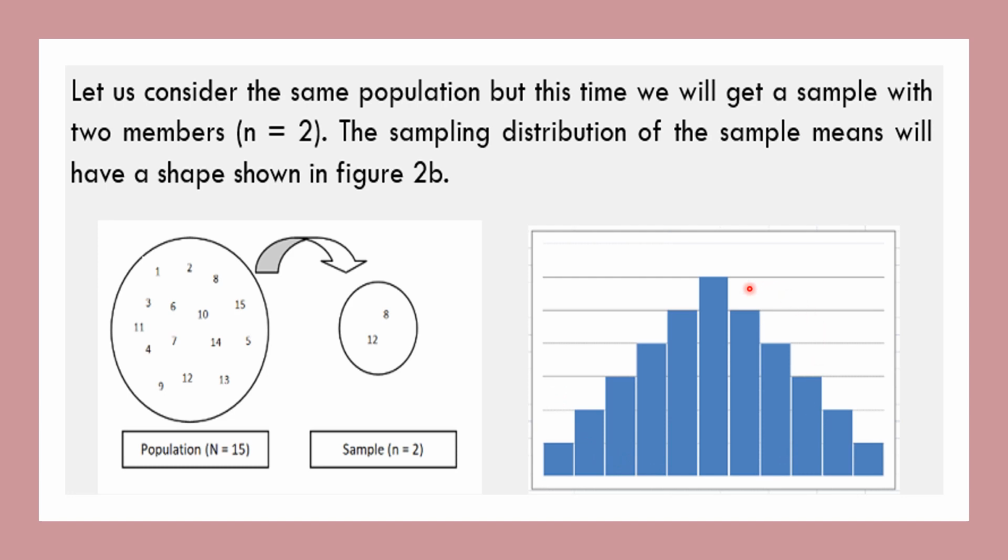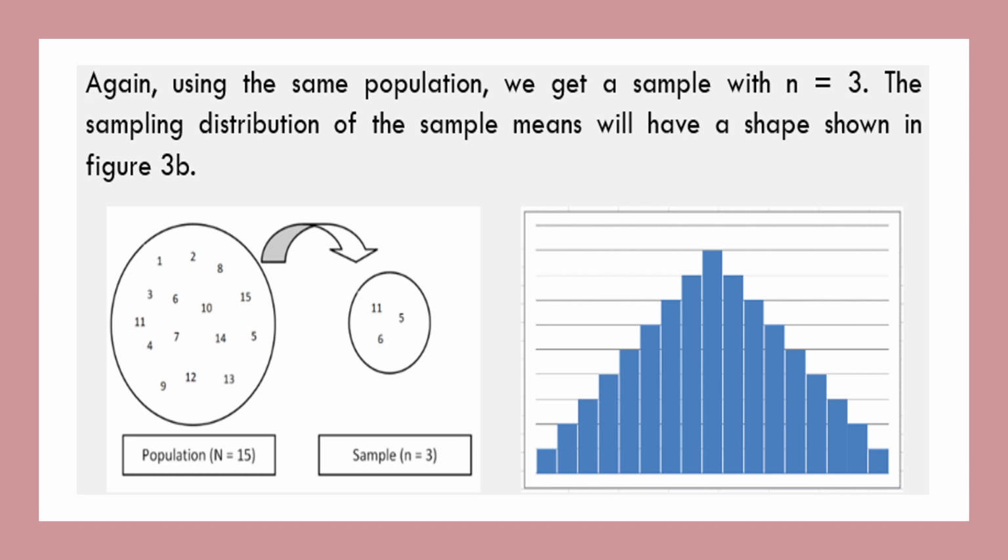Notice this graph and the graph wherein we only have a sample size of 1. Now, take a look at the same population again. What about when we get a sample of 3? Tatlo naman sila. What have you noticed in the graph or the histogram?